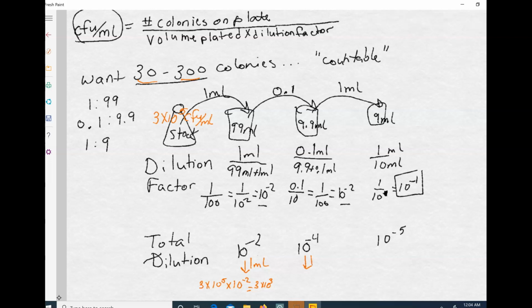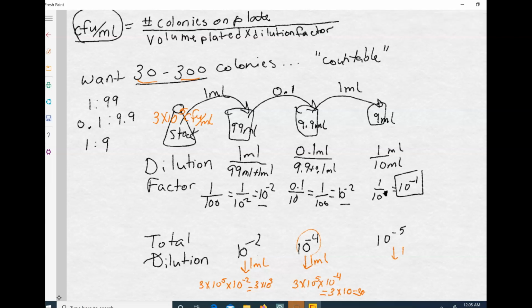If I plated 1 milliliter of this solution, 10 to the minus 4, I would have 3 times 10 to the 5th times 10 to the minus 4 equals 3 times 10 to the 1st, or 30 colony forming units, which is just about what I want.